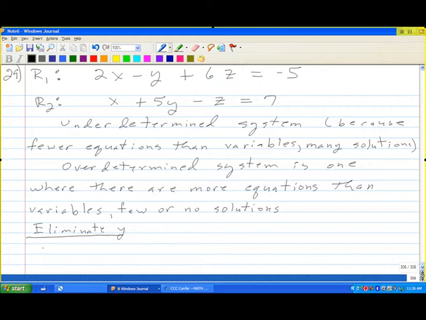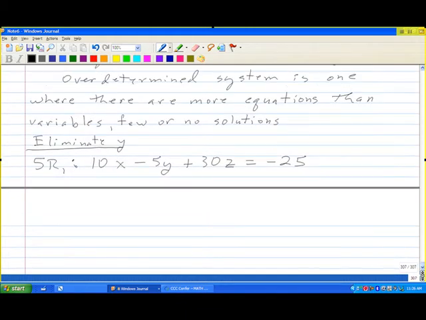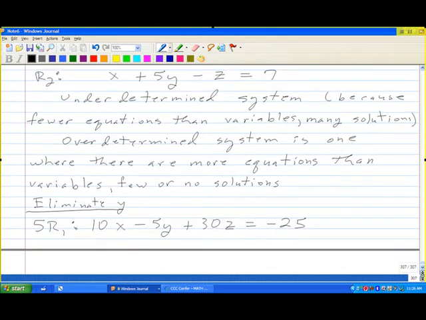I'll multiply the first equation by 5: 10x minus 5y plus 30z equals negative 25. Then I'm going to add that to R2: x plus 5y minus z equals 7.